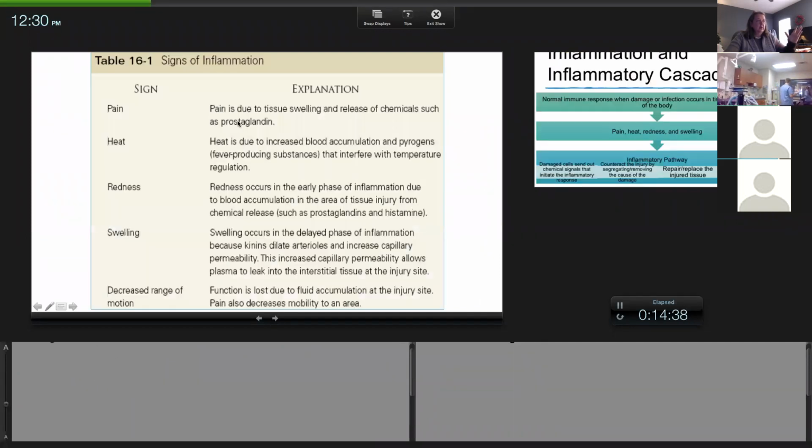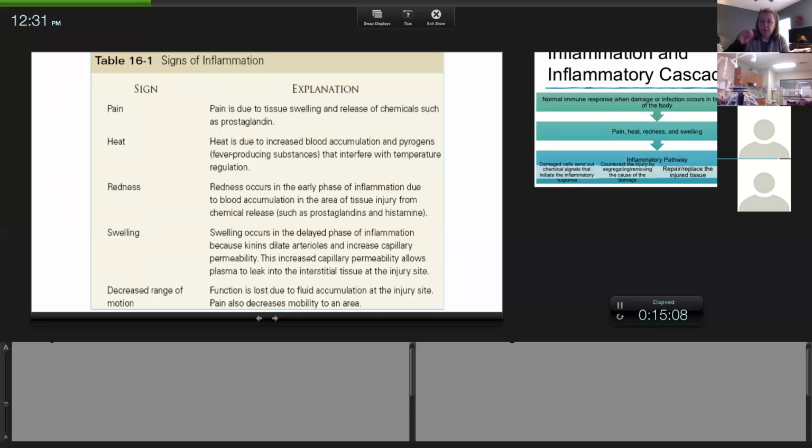So here are some signs of inflammation. Obviously pain to the area, sometimes heat; the area will feel more warm. You'll get redness because, again, tissue hormones, remember prostaglandins and histamine, dilate those vessels and bring blood to the area, so it's going to look a little more red. And then you've got swelling initially. All kinds of injuries swell differently, but there can be swelling.